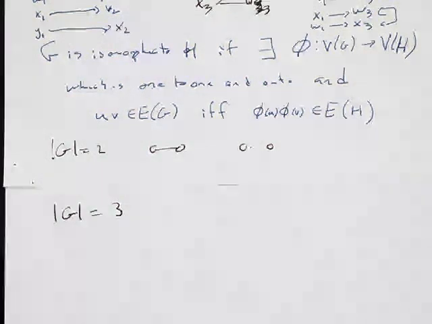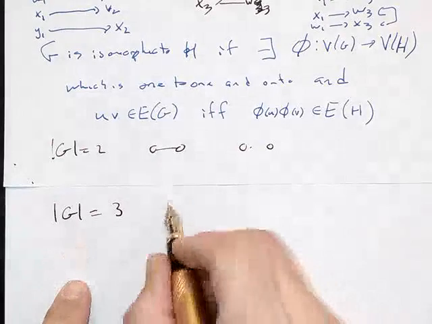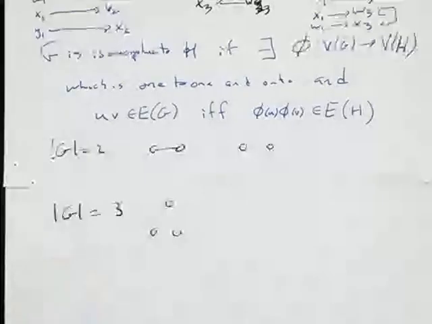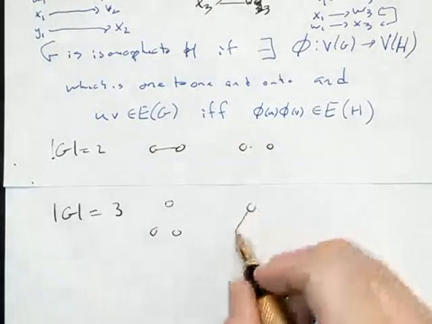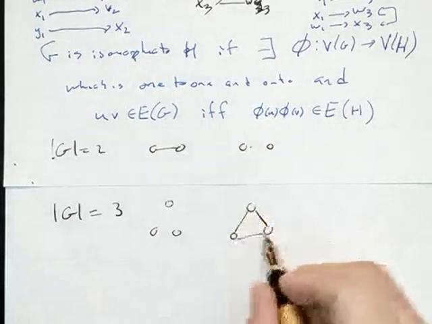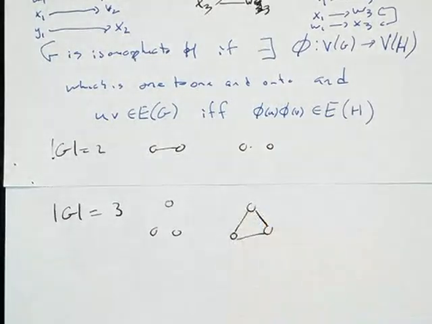One? 3 or 4? What are they? Well, if I've got 3 vertices, I could have all 3 edges. What else could I have?